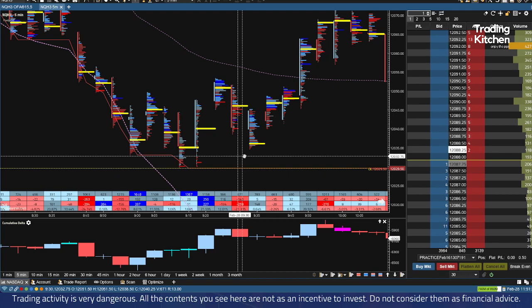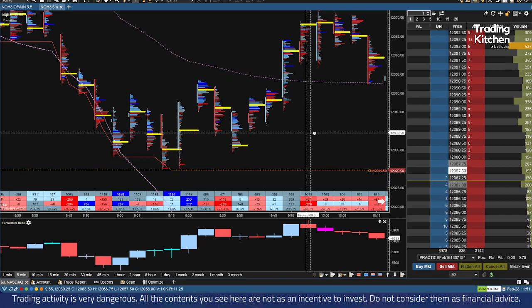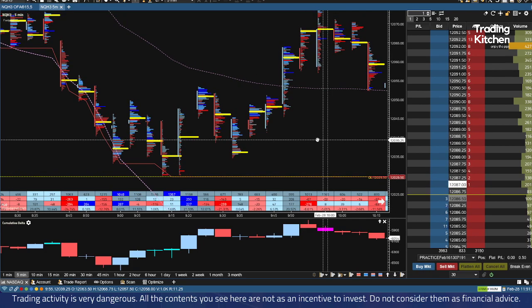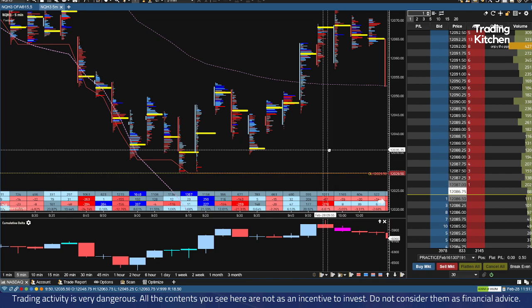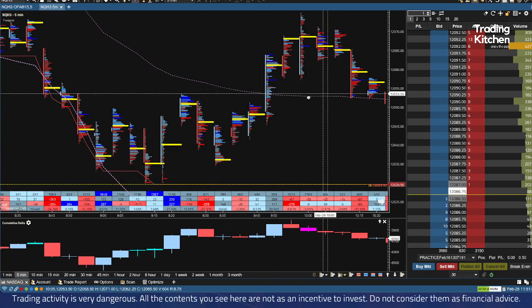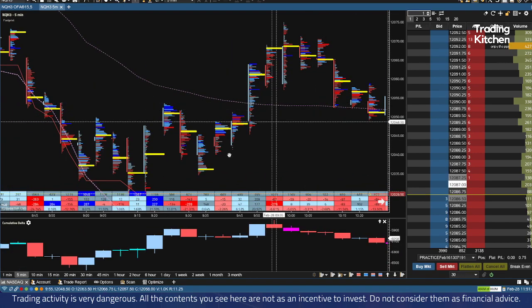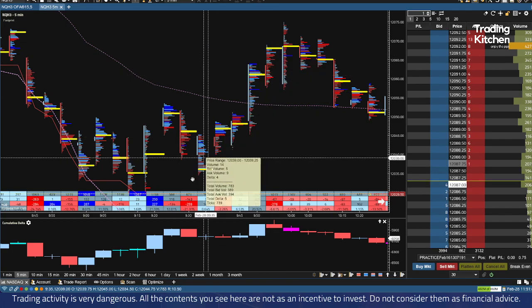Okay, so we are on the 5 minutes time frame, and I want to show you what I'm really looking for, okay, in terms of reaction zones. Okay, so here what I see is a good impulse, bullish impulse.